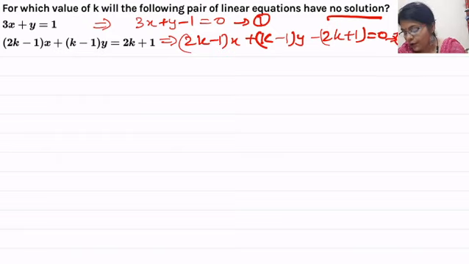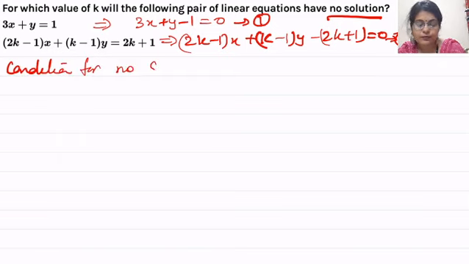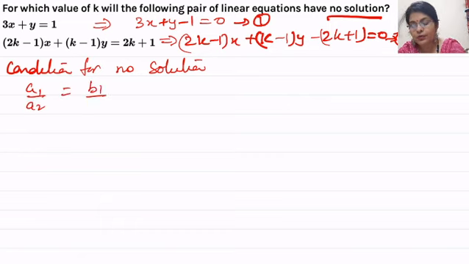So first of all, we will write the condition for no solution: A1 upon A2 is equal to B1 upon B2 is not equal to C1 upon C2. So this is the value.